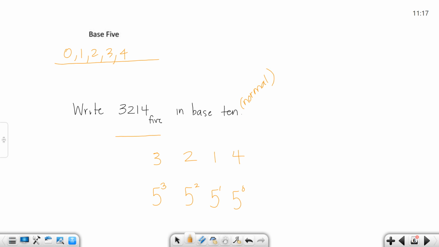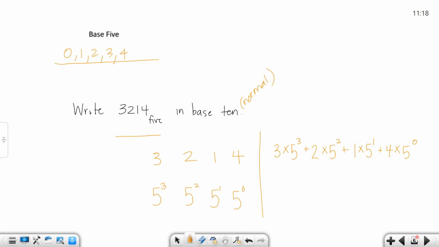So if you wrote this in expanded notation, you're going to have 3 times 5 to the 3 plus 2 times 5 to the 2 plus 1 times 5 to the 1 plus 4 times 5 to the 0, which is the exact way that we did our expanded notation earlier.